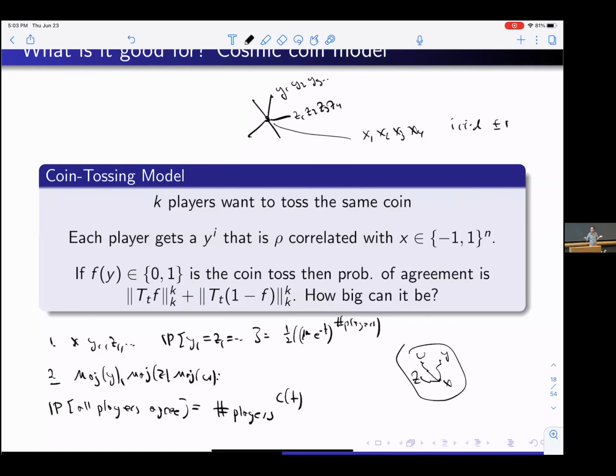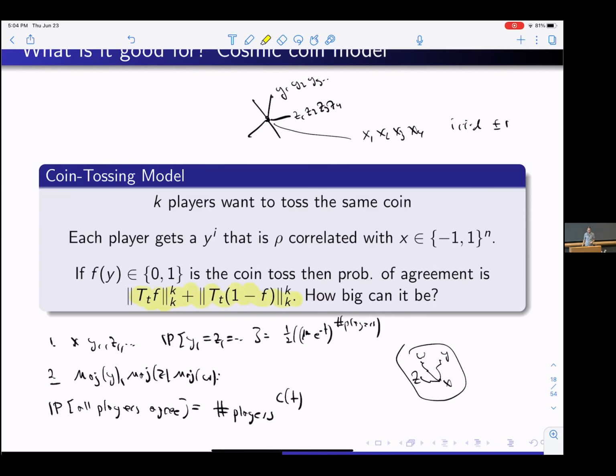And we couldn't prove it. We couldn't find any function that would do it, and we couldn't prove that you cannot. We were stuck until, with Oded and Benny, we found this hypercontractive tool. We knew before that you can express this agreement probability in terms of the noise operator and high norms.